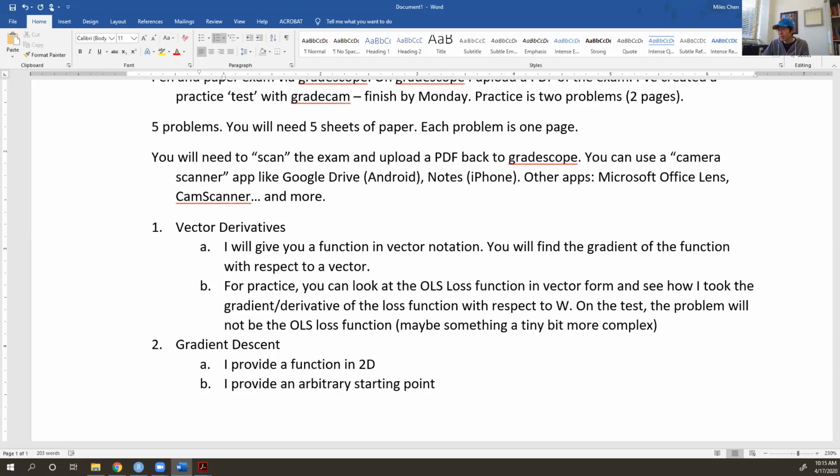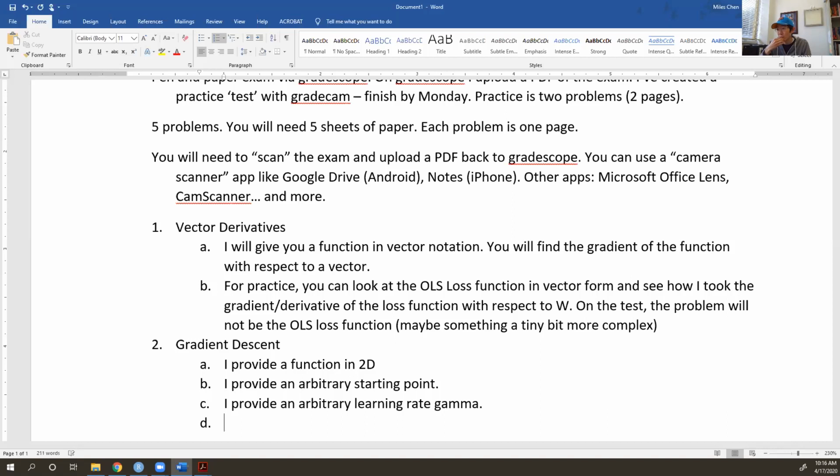The second problem that I've got planned is gradient descent. I'm going to provide a function in 2 dimensions, an arbitrary starting point, and an arbitrary learning rate gamma.